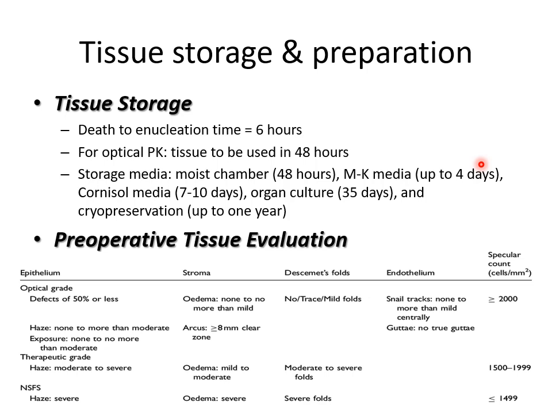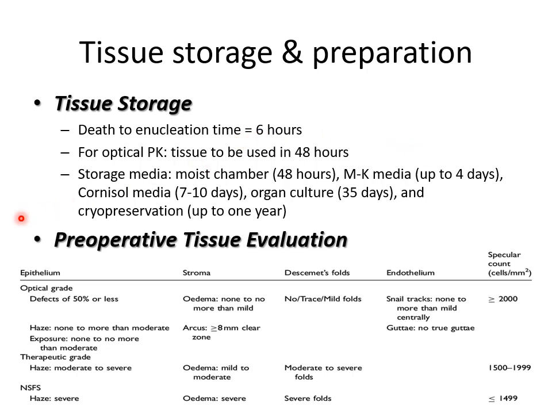Now, optical PK means that you're using the donor button for optical purposes, that is for clarity, for vision. So it has to be of the best quality, better than for a therapeutic or a tectonic keratoplasty for that matter. So for optical PK, the quality of the donor tissue has to be very good.